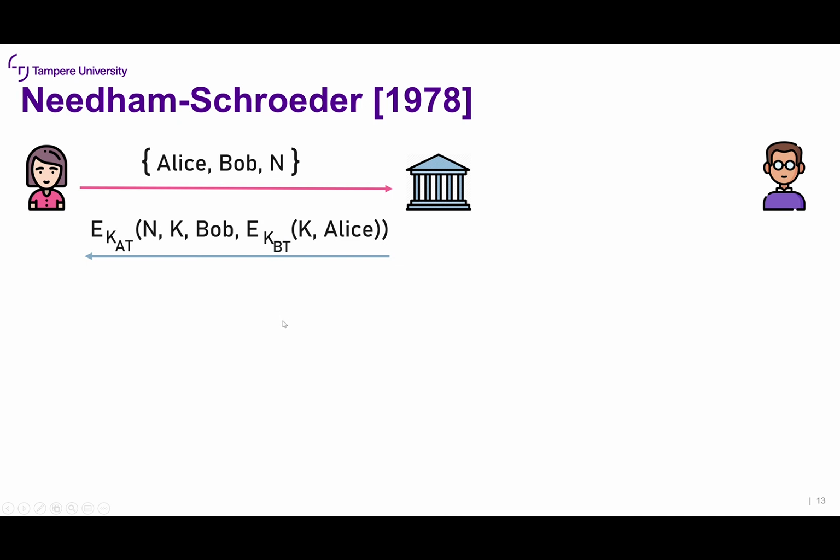So this encrypted message also contains another encrypted part inside it, which needs to go to Bob. Obviously, because it's encrypted with KBT and Alice doesn't know what to do with that.